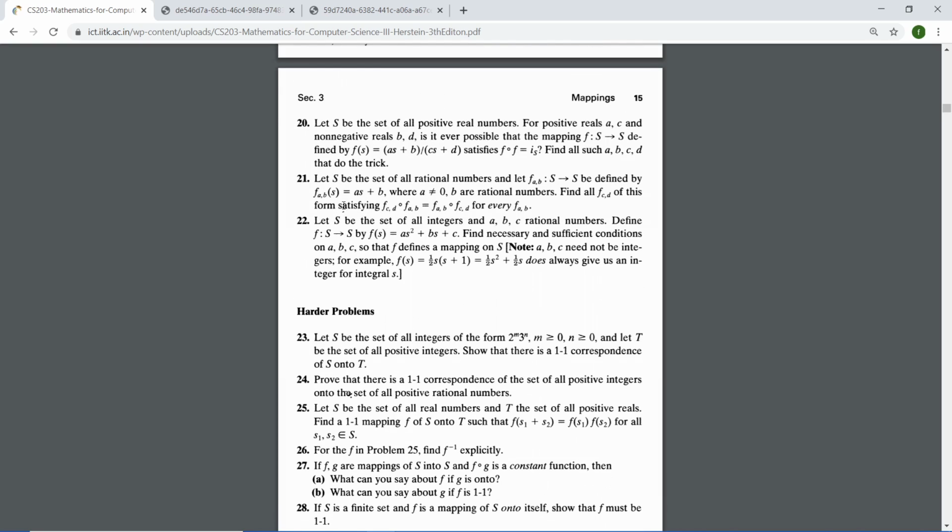Okay, let's start at the beginning. This problem, I have no idea. Yeah, I know why this works, because s times s plus 1 always gives an even number.